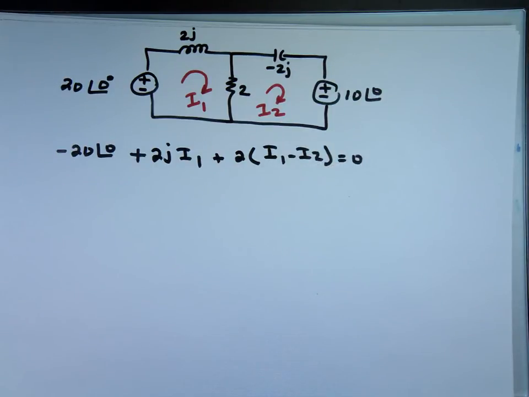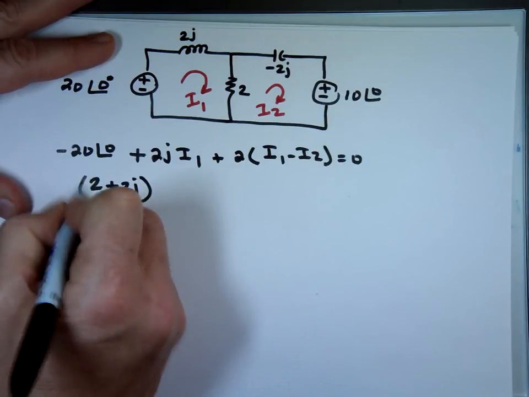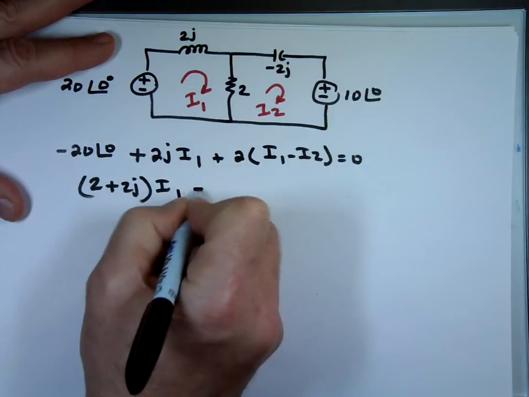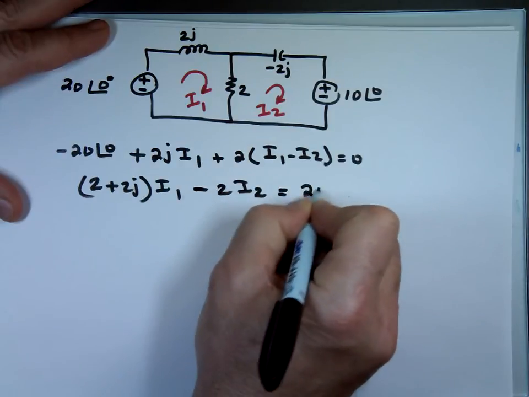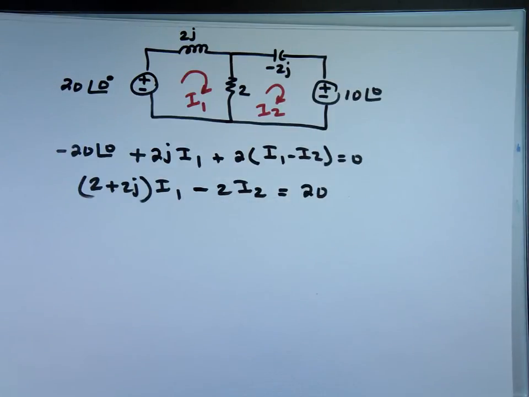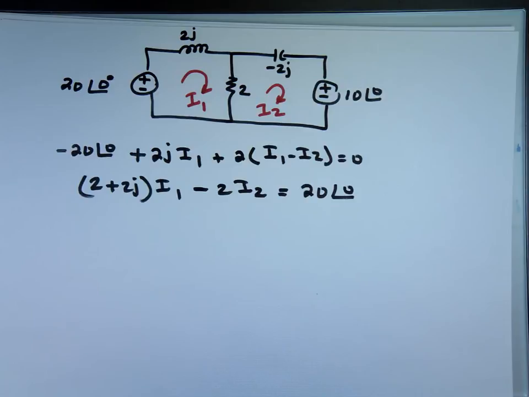So (2 + 2j) I sub 1 minus 2 I sub 2 equals 20. 20 angle 0 is nothing more than 20, but if you want to put 20 angle 0, that's fine. It's the same thing as 20. That's the first equation.